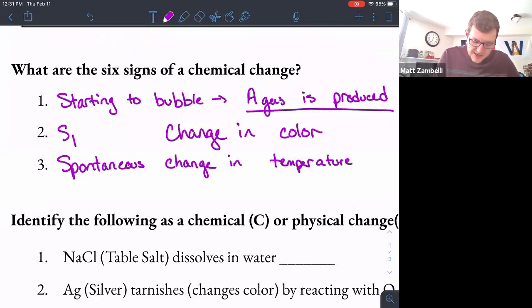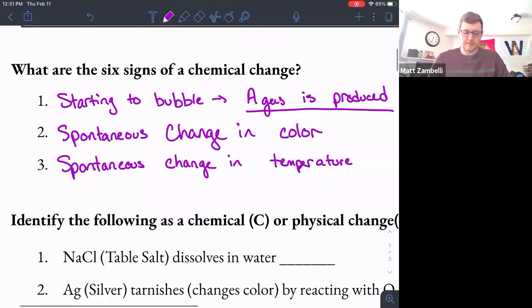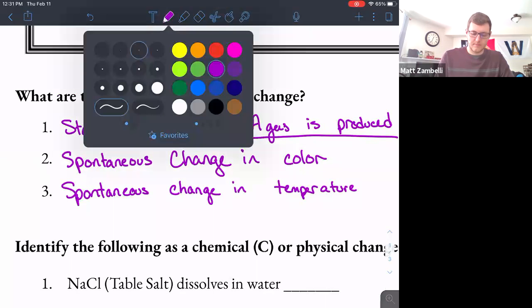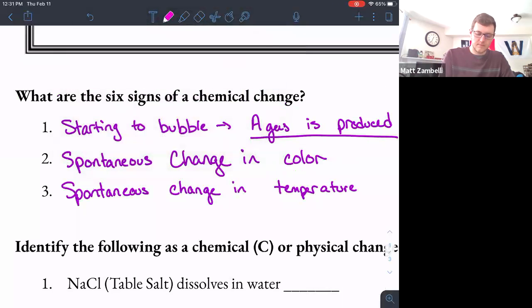And so that's going to be because, do you guys know what the word spontaneous means? Does anybody know what the word spontaneous means? Anybody have any ideas as to what the word spontaneous means?